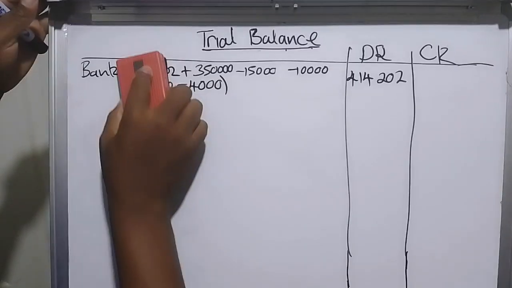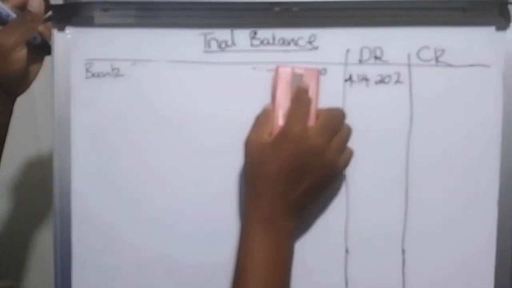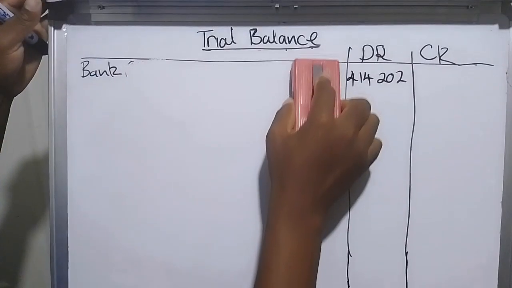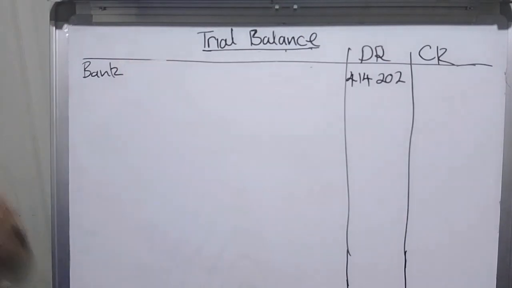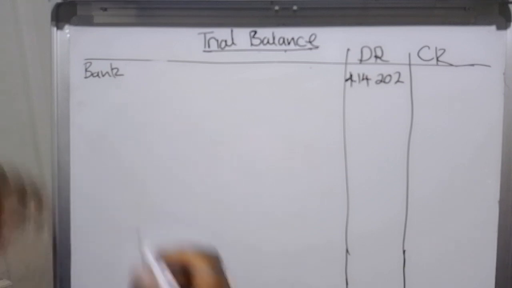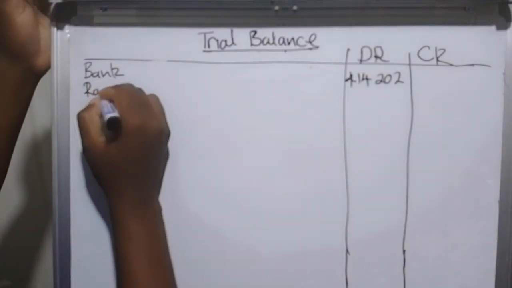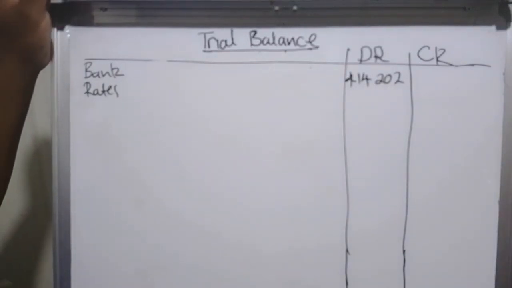Okay, so that's the bank account on the debit side of the trial balance, because it is an asset. Now we move to rates. The rates were not paid, but they were accrued as expenditure.